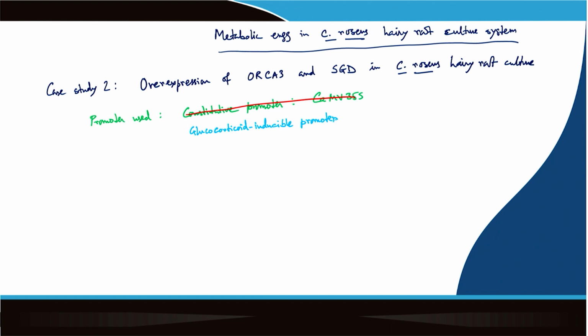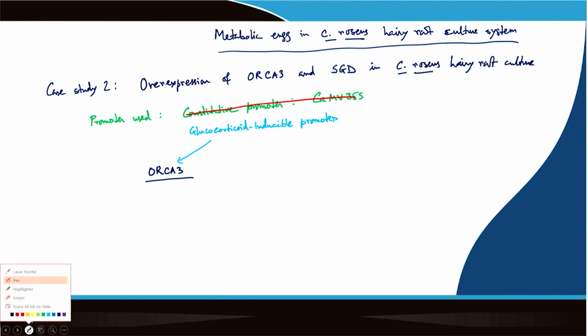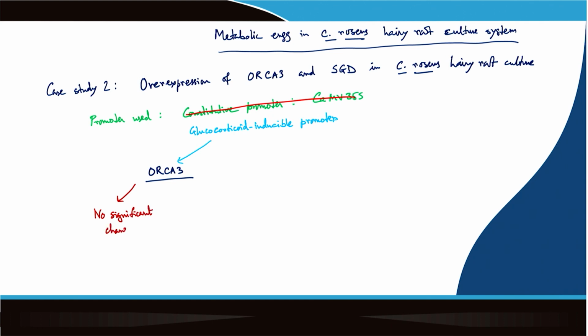So, using this promoter, when they attempted to express ORCA3 alone, no significant changes happened in the total amount of alkaloid contents.